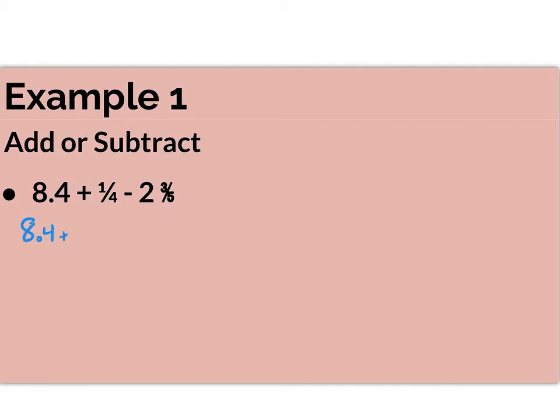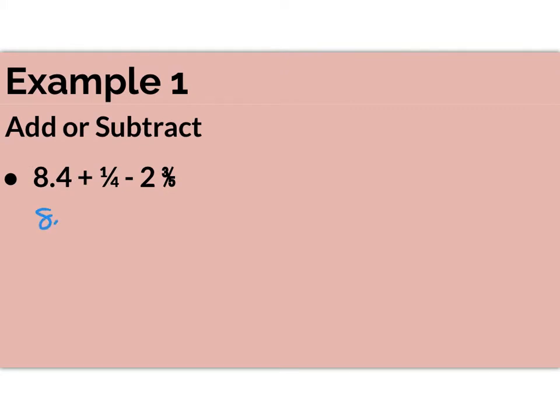Plus 1/4, which is 0.25, minus 3/5, which is 0.6, so 2.6. And from here, we can see that we can just add and subtract these numbers. So 8.4 plus 0.25 minus 2.6 becomes 6.05.